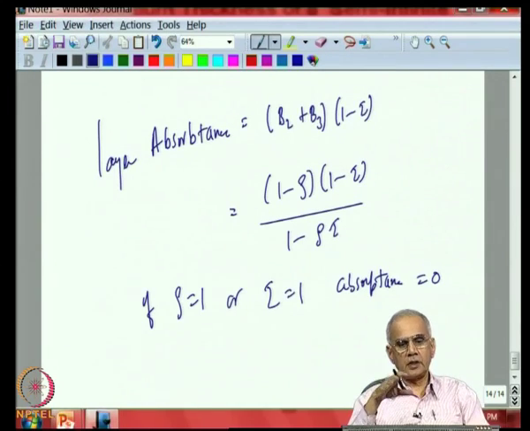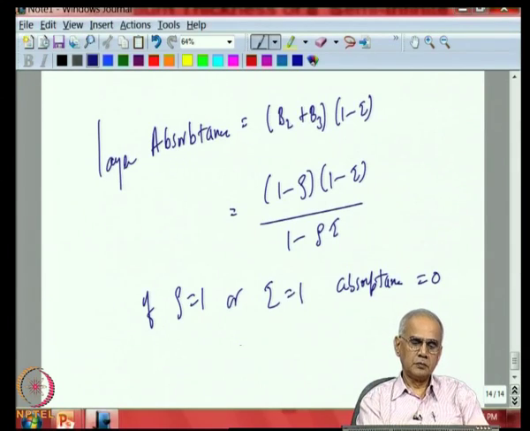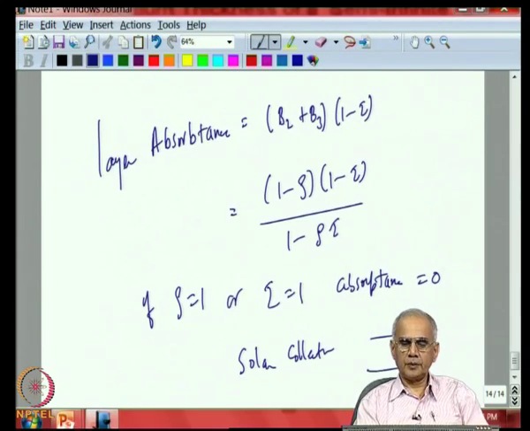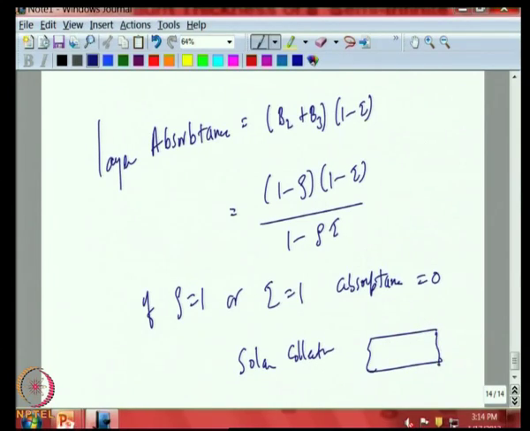Now, these results that we have derived in today's lecture are very relevant for solar collectors. Solar collectors typically have two interfaces here, and so the net absorptance, transmittance and reflectance of the layers is pertinent.